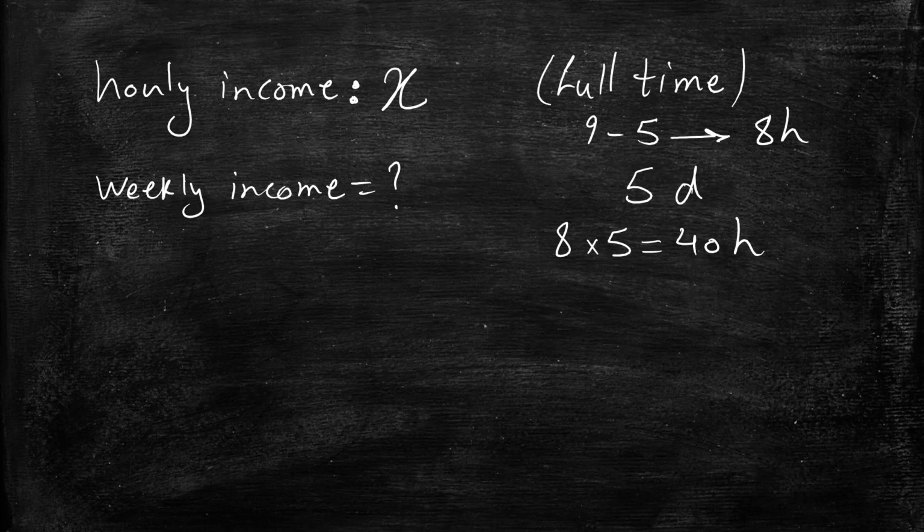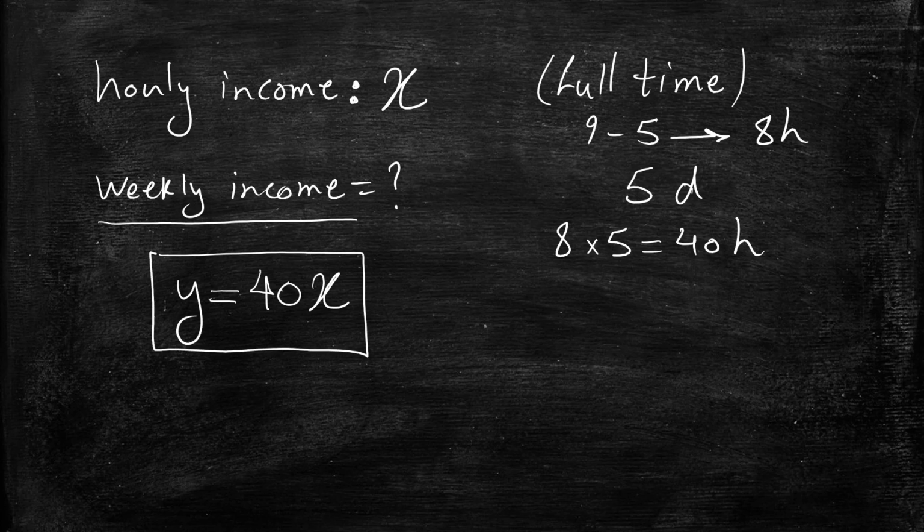So now if you get paid X dollars per hour, let's say your weekly income, we show it with Y. Y equals 40 hours, that's a constant, it's not a variable, multiplied by X, your hourly income. So now we have a formula to calculate our weekly income: Y, our weekly income, equals 40 times X, your hourly income.